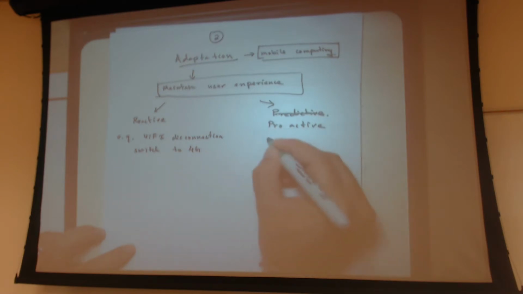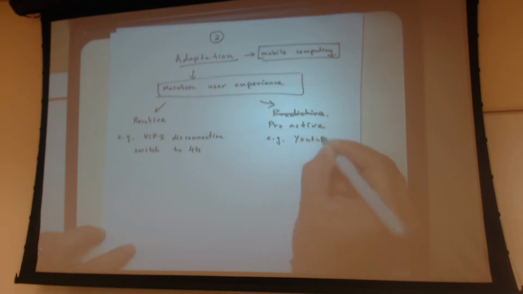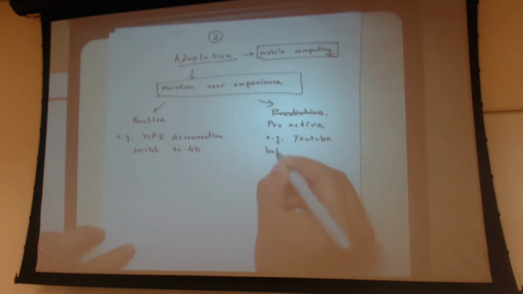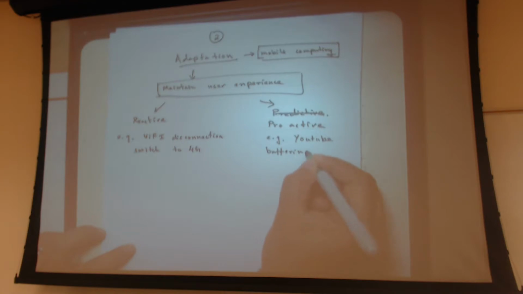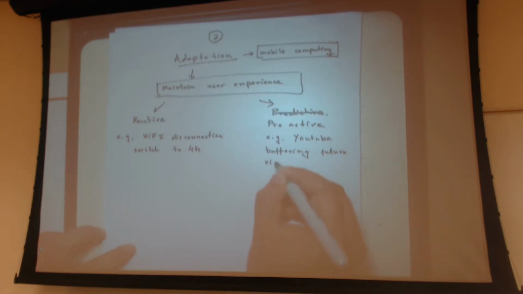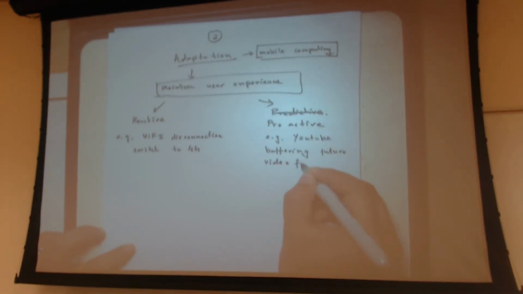And then the second example is YouTube buffering future video frames, so that you can watch them even if the network is disconnected. Right?